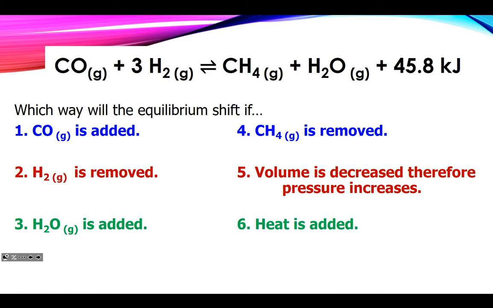And you can use the arrow and just put the R and the P like I did. That's fine.